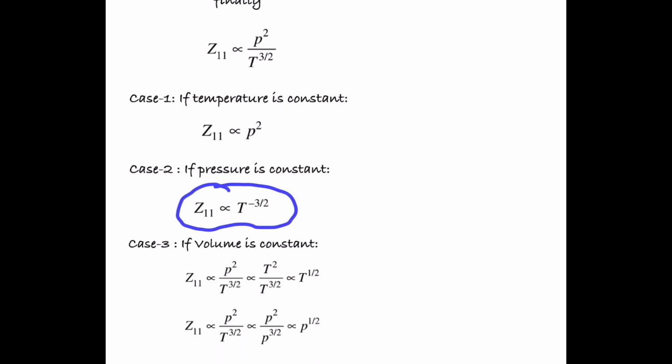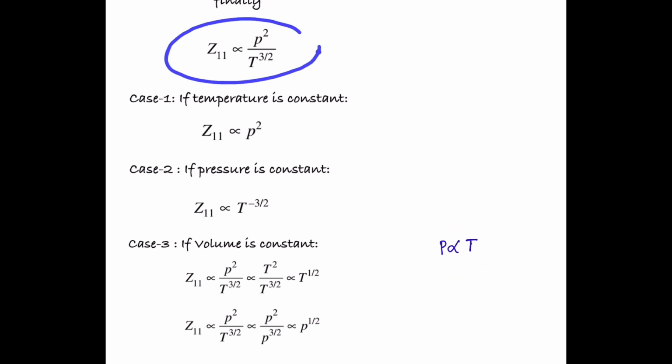In isochoric condition, if volume is kept constant, according to Gay-Lussac's law, pressure is directly proportional to absolute temperature. When pressure is directly proportional to absolute temperature, from this expression you can derive, here we have P square, in place of P square we can write T square.